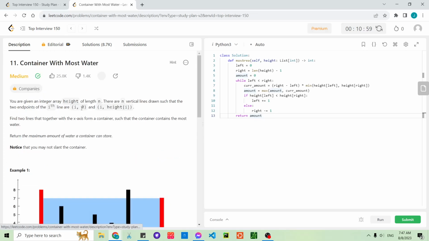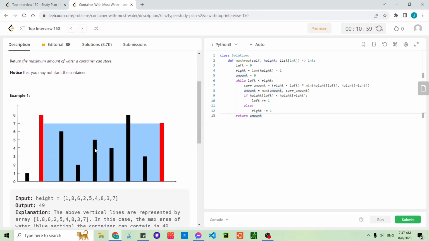Very smart indeed. So what it means is, when we have this and this, let's say we had this at 9. If they are shorter, then we don't even need to consider because that's going to be lower in volume.